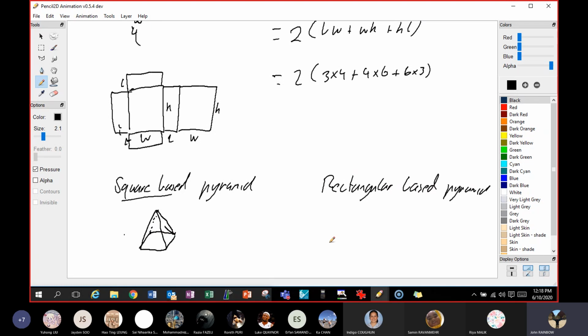I can call it a triangular-based pyramid, but that would be a triangle on the bottom. So we draw a rectangular base. I don't like that triangle, that rectangle. We're going to draw a rectangular base, sorry. And every single point goes to the top. I don't like where that dot is. We'll make it a bit higher.